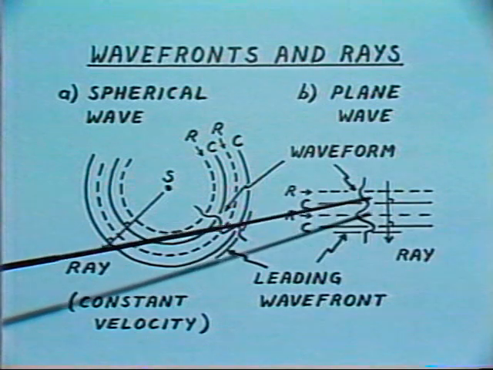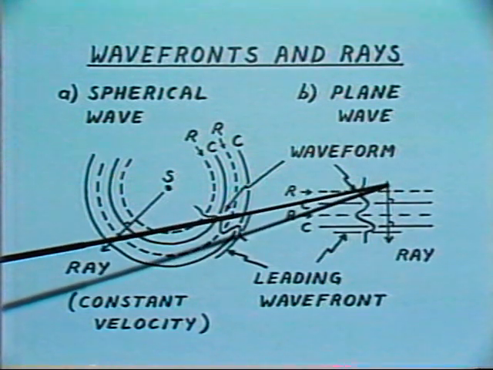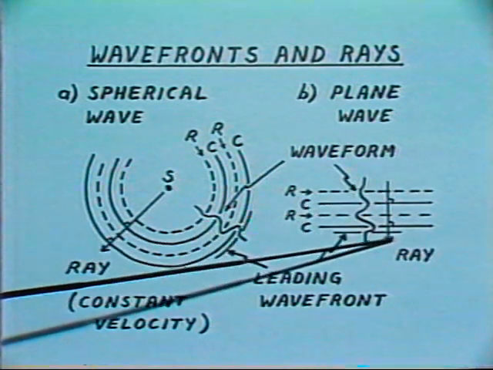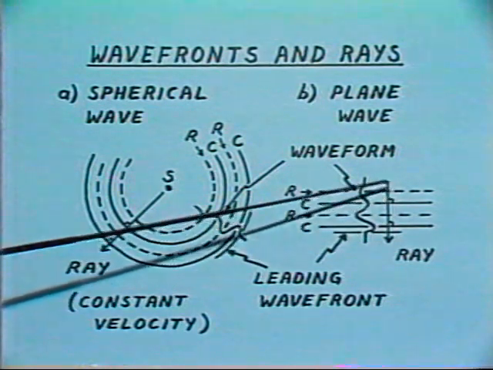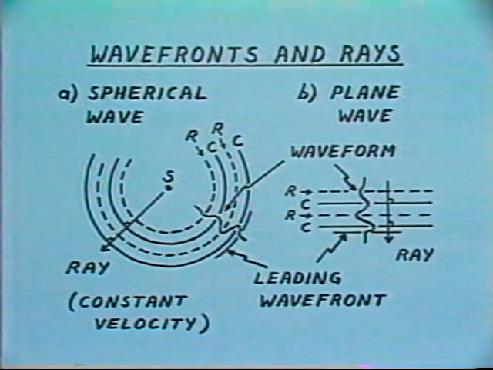And again, a ray would be the energy traveling along a line which is perpendicular at all points to the wavefronts. So these are some of the concepts that are used in dealing with the theory of seismic reflections.